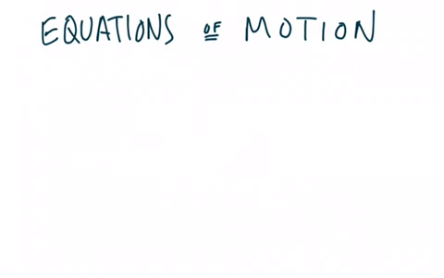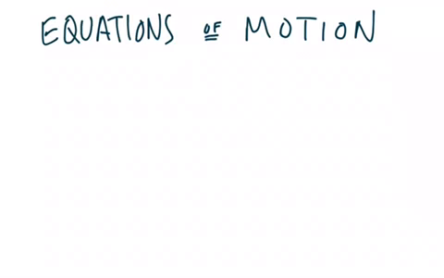Now when we talk about acceleration, it's the right time to start talking about what are called the equations of motion. The equations of motion are some complex equations. They're more difficult to use than just v equals d over t or a equals delta v over t. There are just more variables involved.